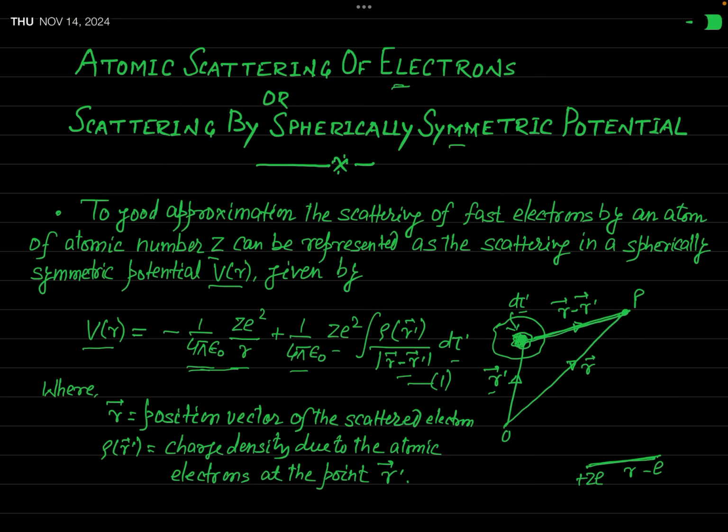This is the charge per unit volume, and when you multiply by d tau dashed, that will be the elementary charge dq. So this is the potential or potential energy at point P. Here R is the position vector of the scattered electron, and rho of R dashed is the charge density due to the atomic electrons at position R dashed.